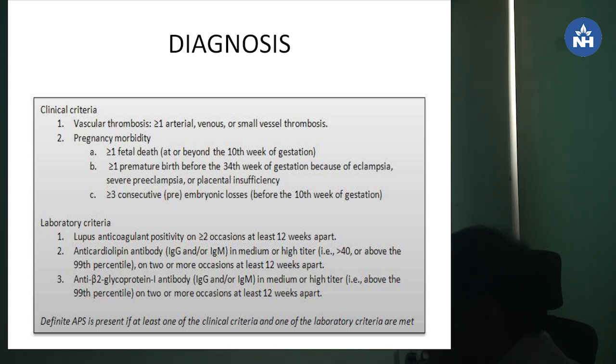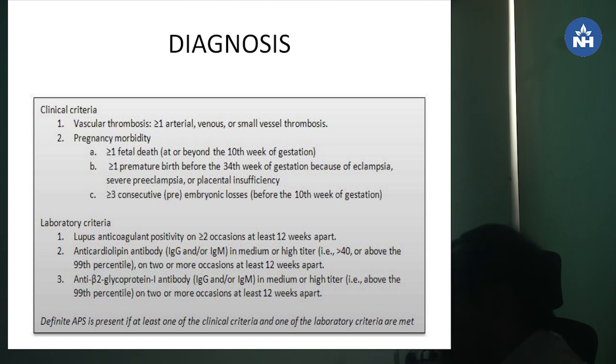Second is pregnancy morbidity: more than one fetal death at or beyond the 10th week of gestation, more than one premature birth before 34 weeks of gestation because of eclampsia, severe preeclampsia, placental insufficiency, and more than 3 consecutive embryonic losses before 10 weeks of gestation.